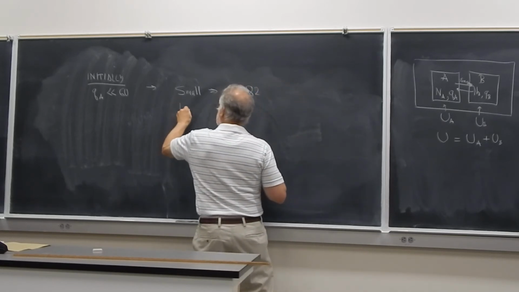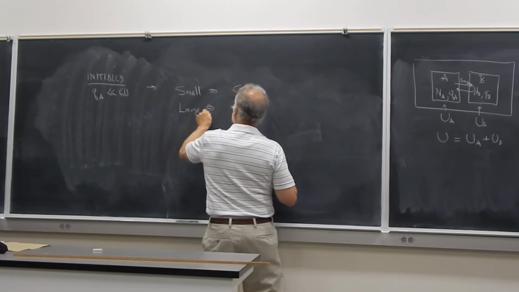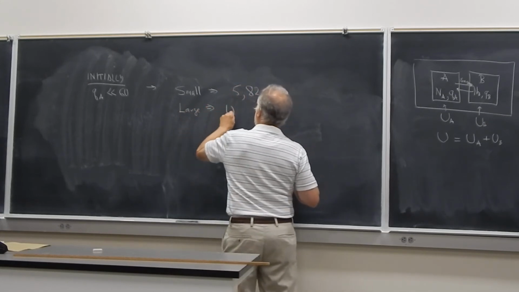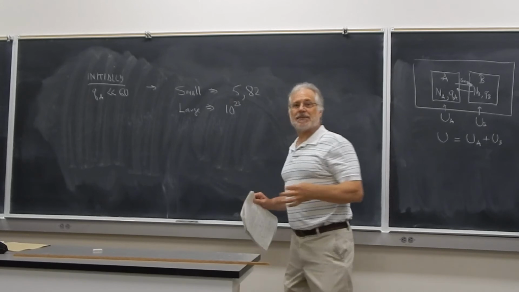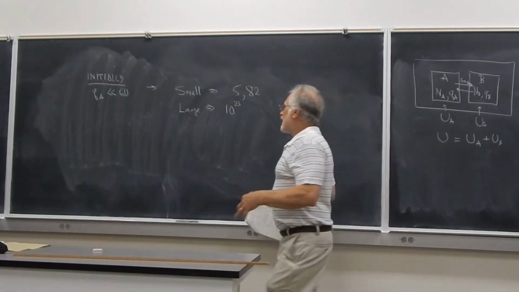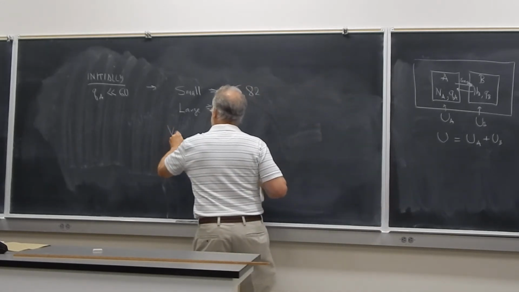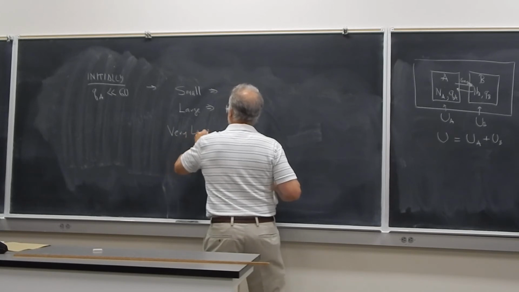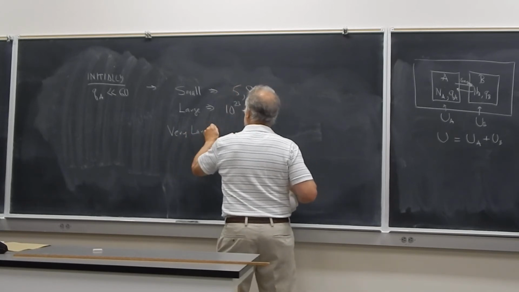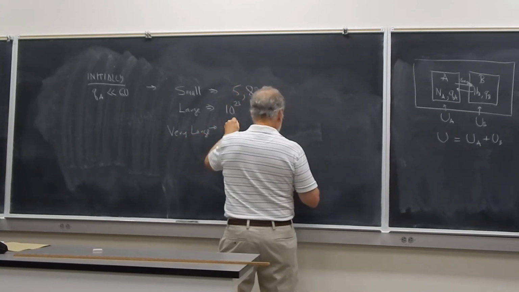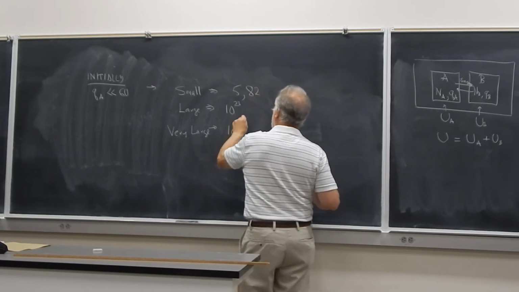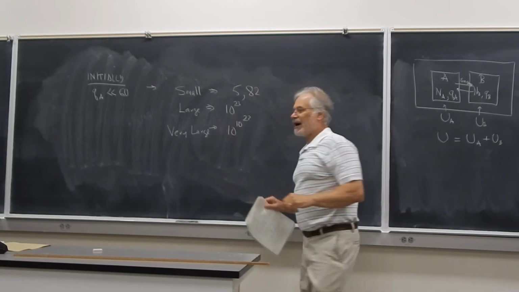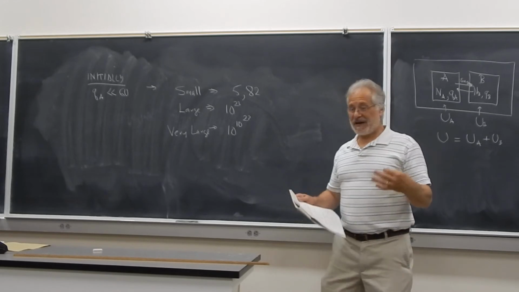I can think of large numbers, and those would be like Avogadro's number, 10 to the 20, that's a big number. I can also think of very large numbers, which would be like taking Avogadro's number, or 10 to the 10, and raising that to the 23rd power. Those are very, very large numbers.